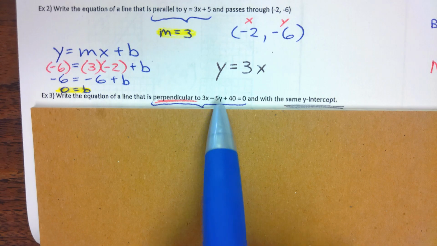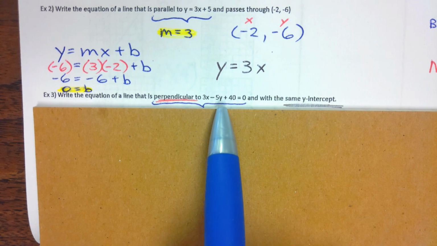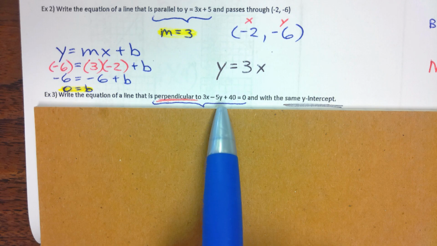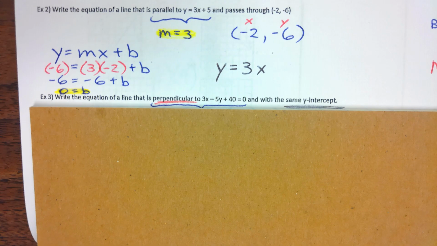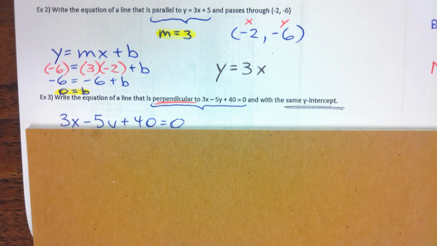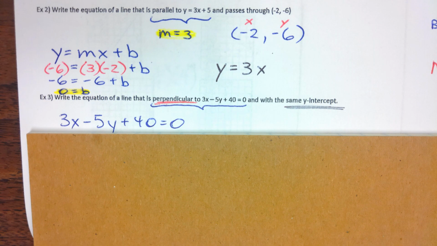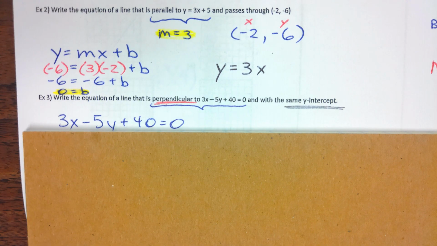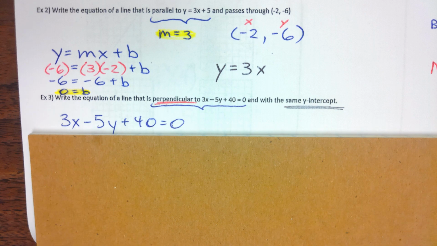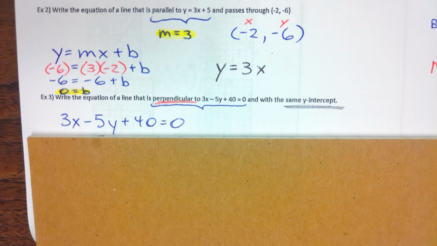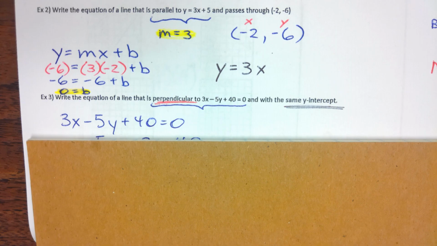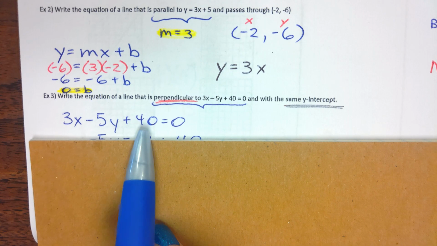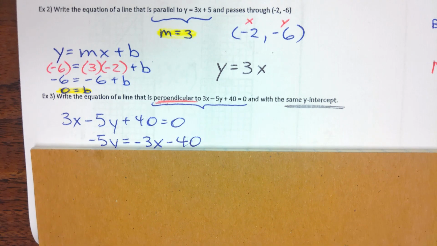Okay, so looking at this, can you tell right off the bat what your slope is? No, yeah, so we have to do what we did last week. Rearrange the equation. Who's good at rearranging equations? All of you guys are. Sarah, can you help me with rearranging? You're good at it. And the 40, and then right.